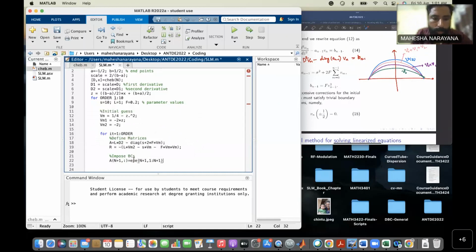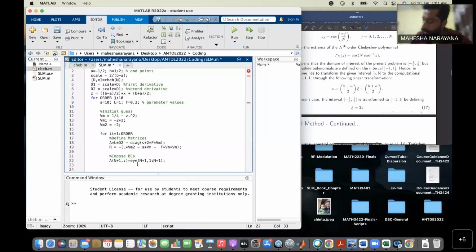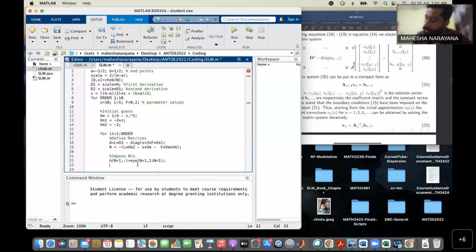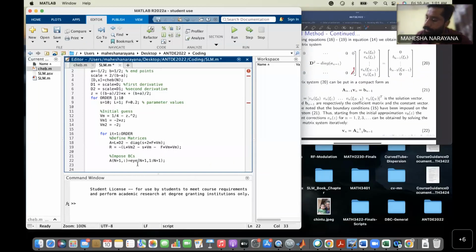Okay, so that is the last row that I was showing you. So this one, I'm imposing it on the n plus 1th row. Like that, the first one should be also taken from the identity matrix. So that is A of 1 comma colon.